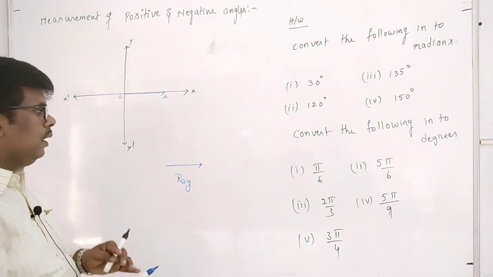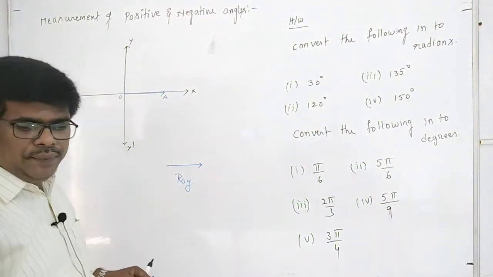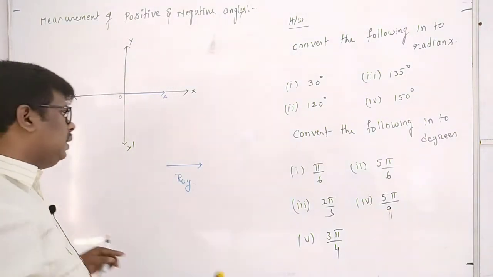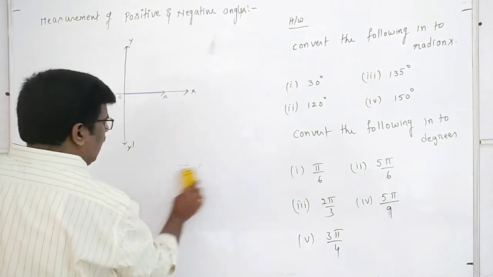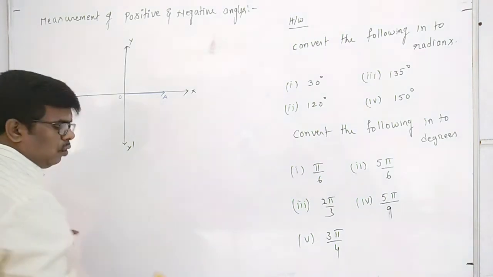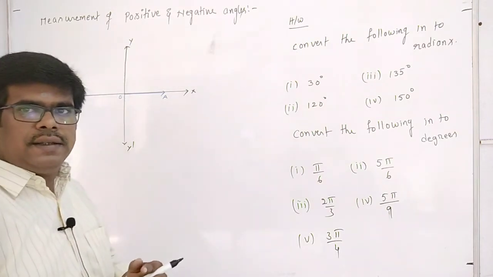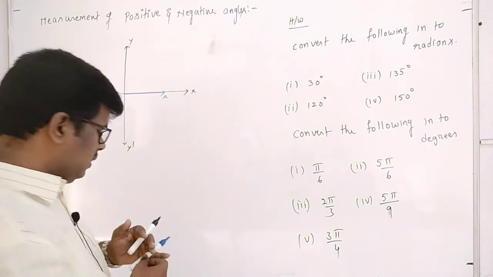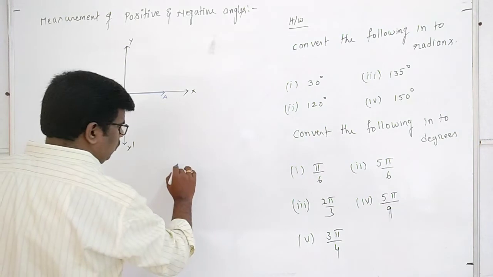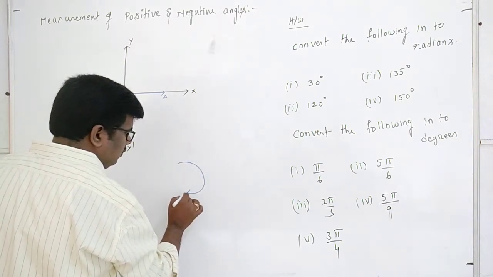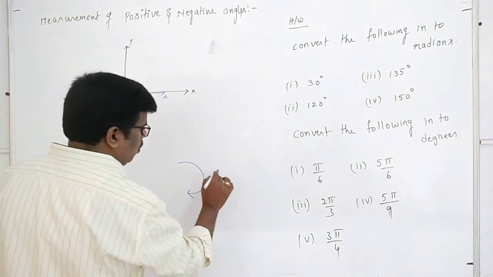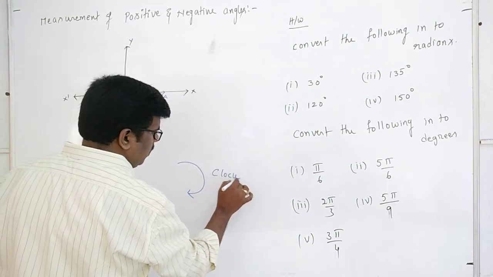Let us suppose it is rotating in the anti-clockwise direction, or else we can also call it the counter-clockwise direction. If you follow like this, this is what we can call clockwise.